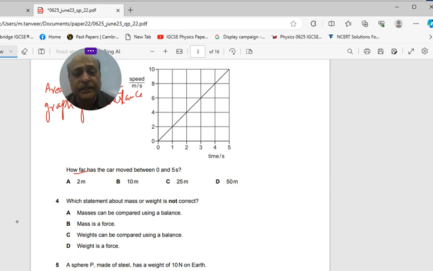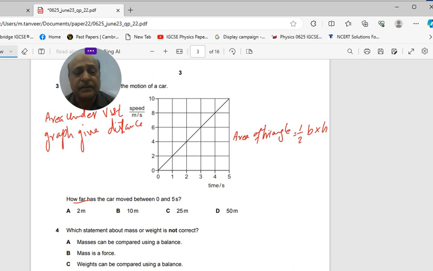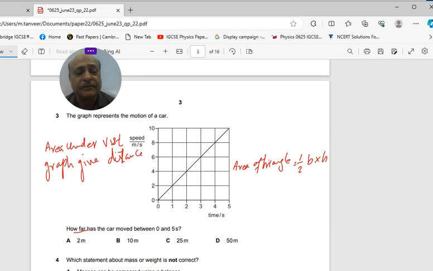So the right angle triangle area will be 1 by 2 base into height, and the area under the speed time graph gives the distance traveled.